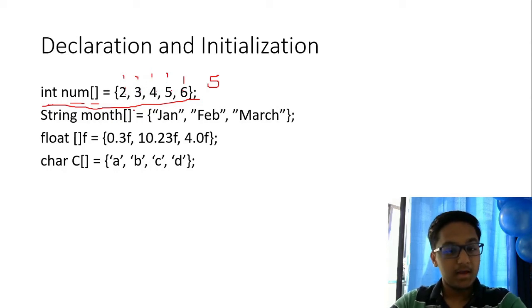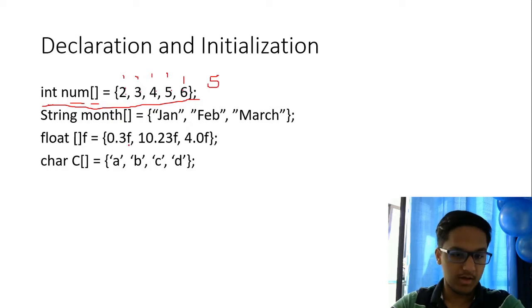In the same case, string month, you can declare them in open curly brackets, close curly brackets, and remember to put the quotes because that's how we declare string. All of these are separated by a comma, which is compulsory. So Jan, Feb, March. Float F, the square brackets come here as well.